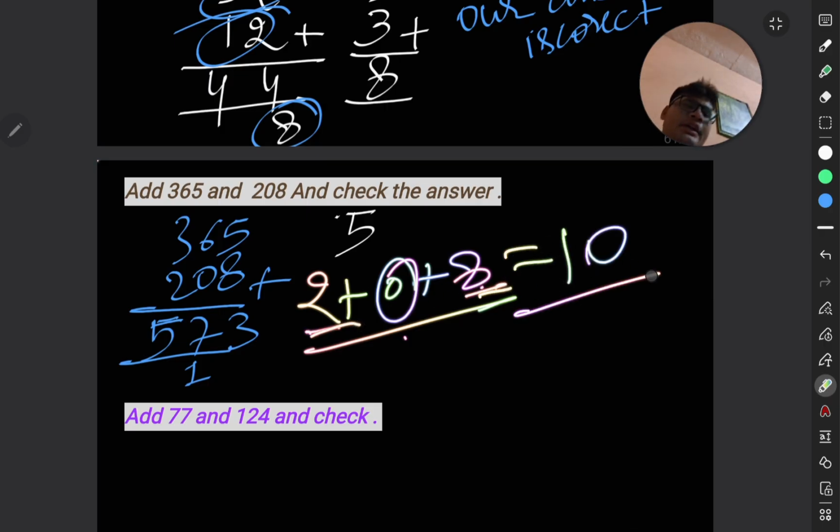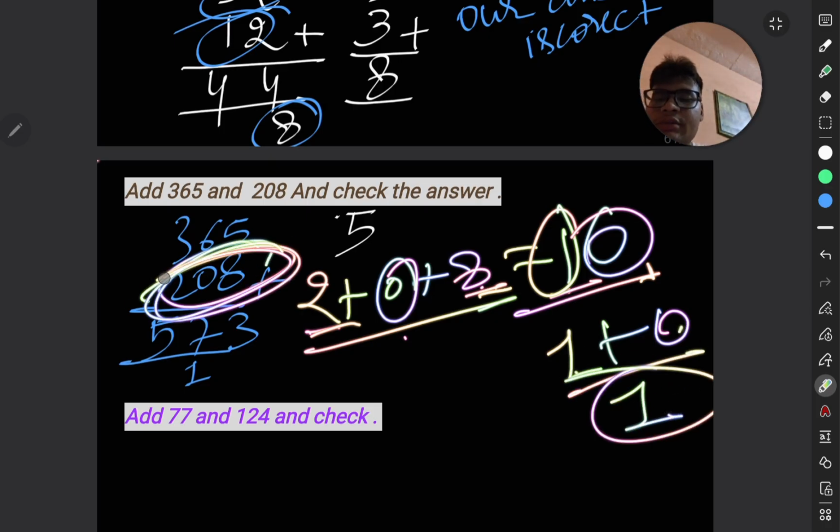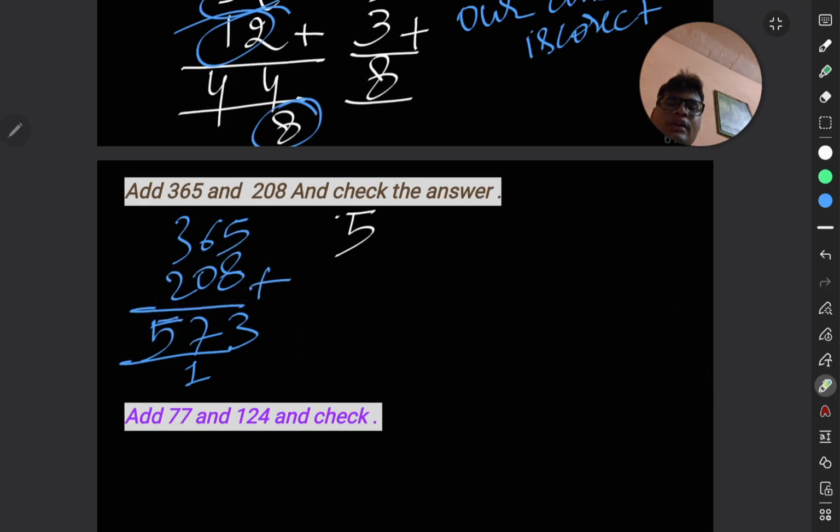And 10 is again a two digit number, so we have to find the digit sum again. We will follow the same process. We add 1 plus 0, which is 1. So the digit sum of this number is 1. We will write 1 here.